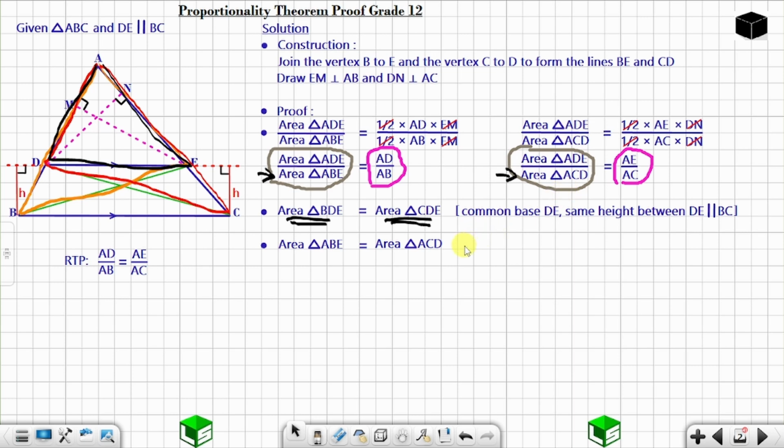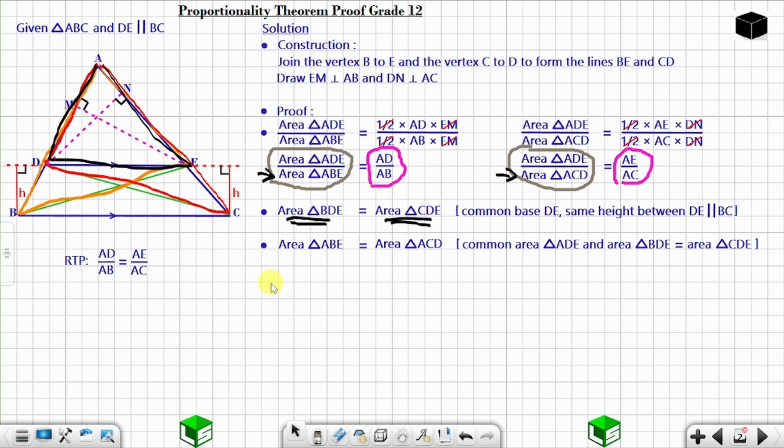The reason is you have a common area of triangle ADE, and the areas of the bottom part are also equal. We proved it.